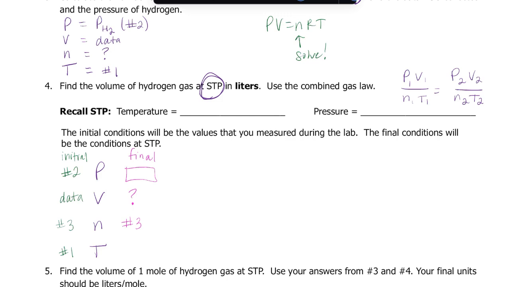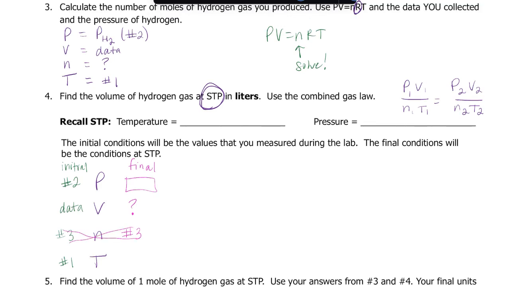So if you want, you can just exclude this from our combined gas law. And then our T is going to be our STP temperature. So you should know what that is to fill that in. And that should help you fill in the combined gas law as we mentioned up here.